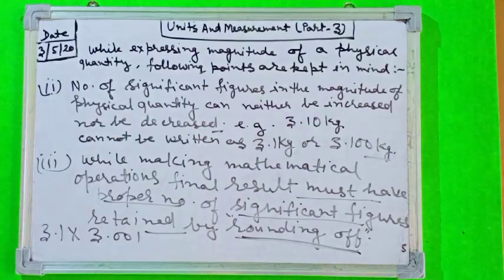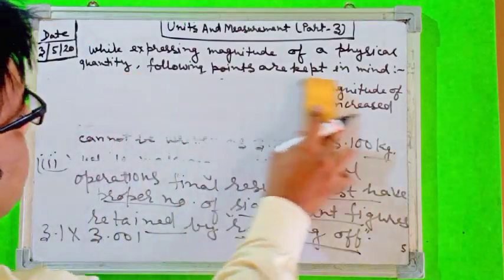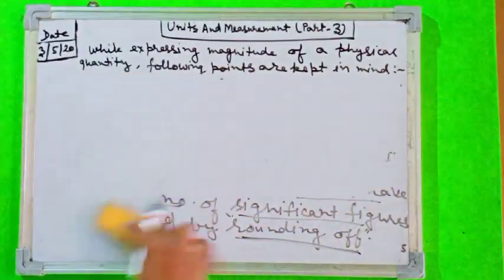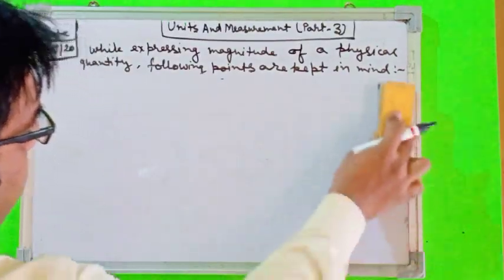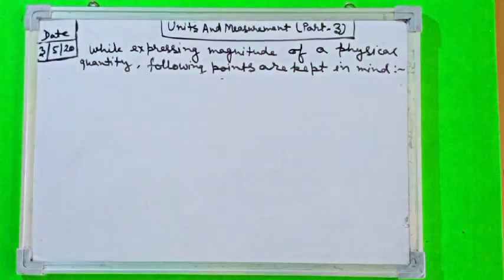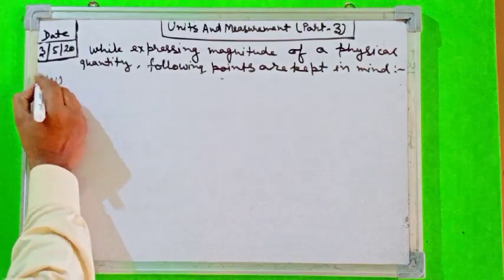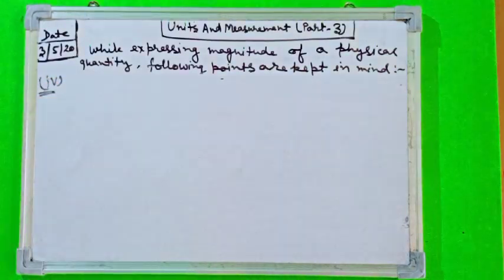Now, the fourth point. The fourth point is about the doubtful figure. And what is the doubtful figure?